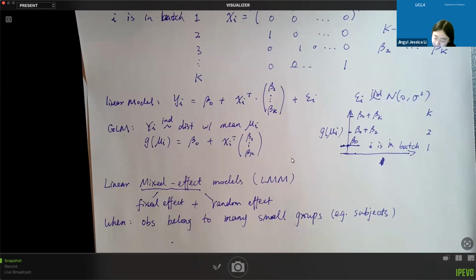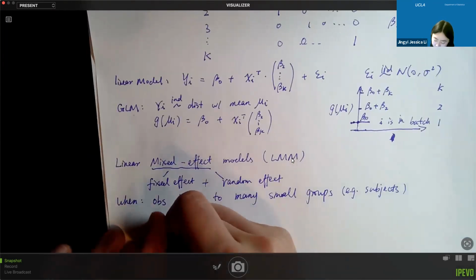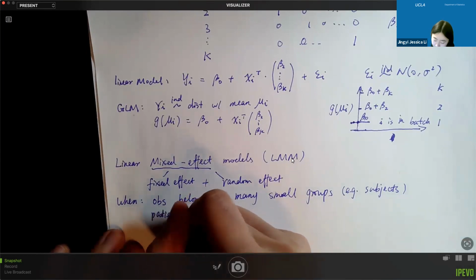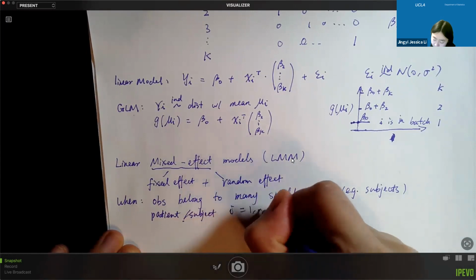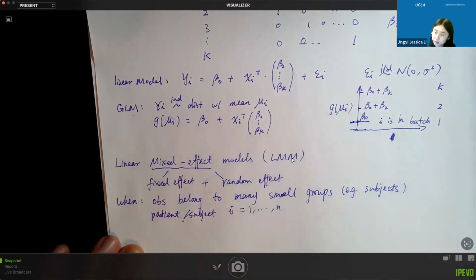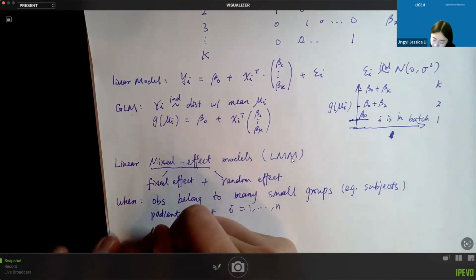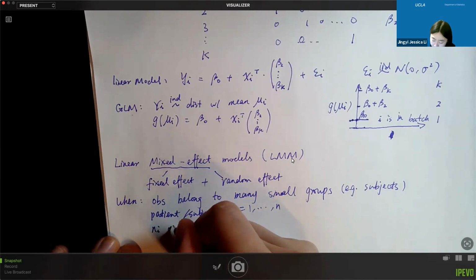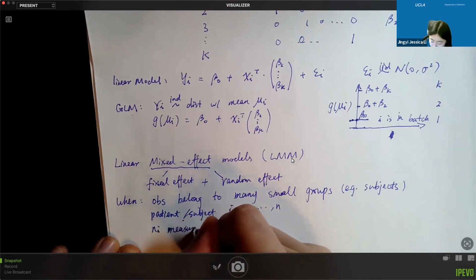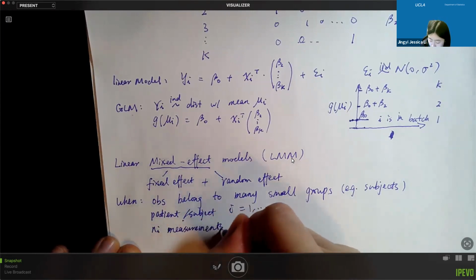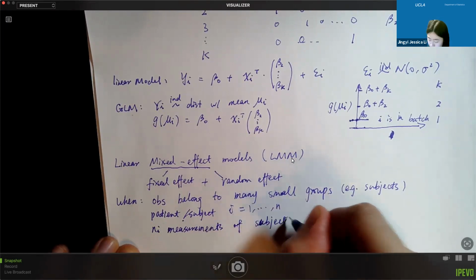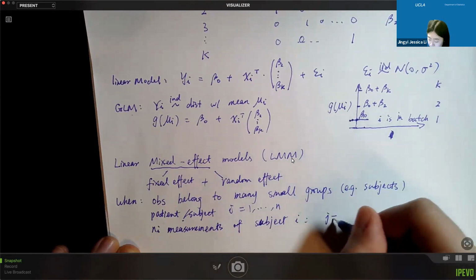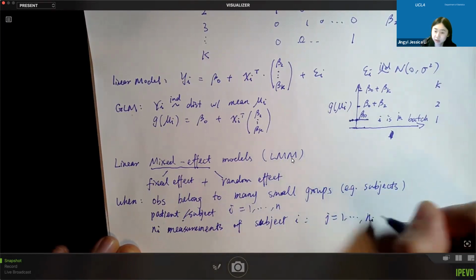So in this case, let's say that we have patient or subject i that goes from 1 to n. So we have n people, but within each person, we have n_i measurements of subject i. So j goes from 1 to n_i within subject i.